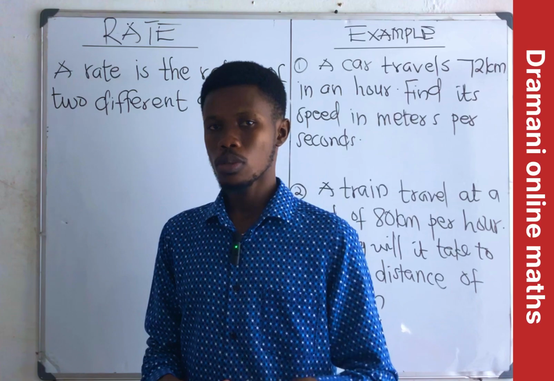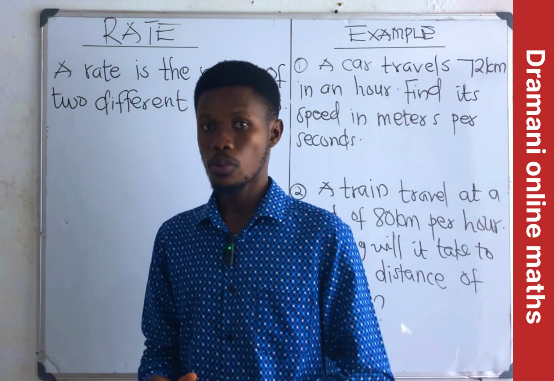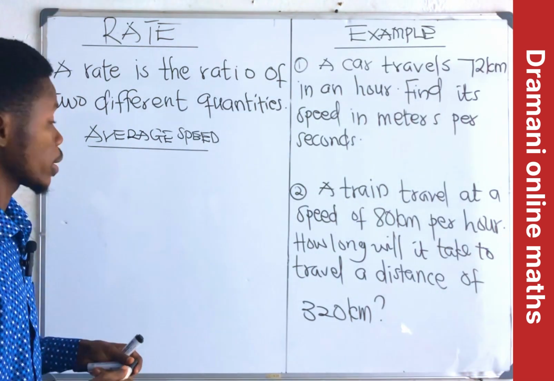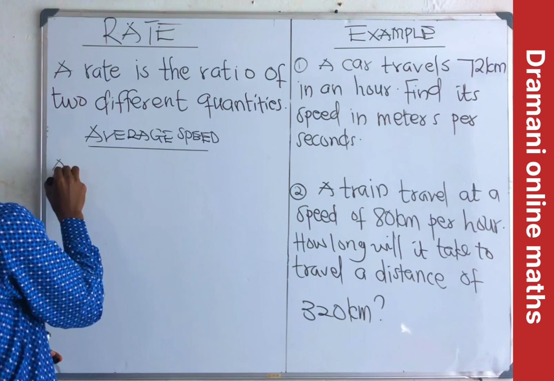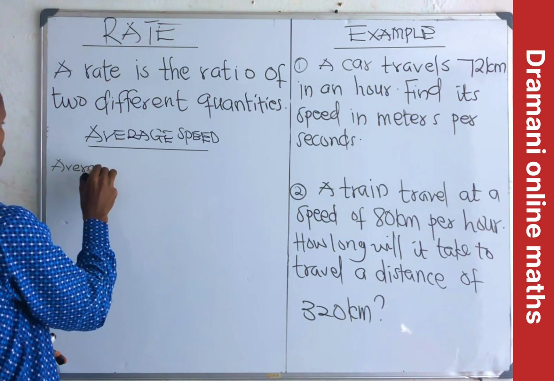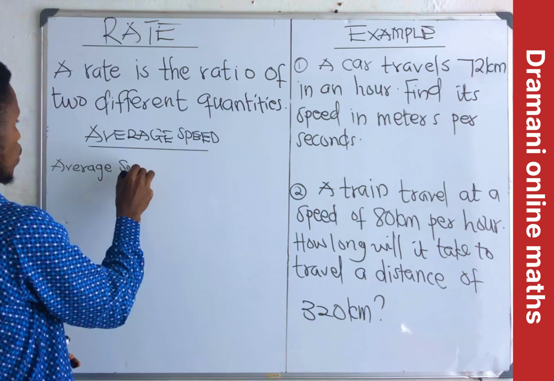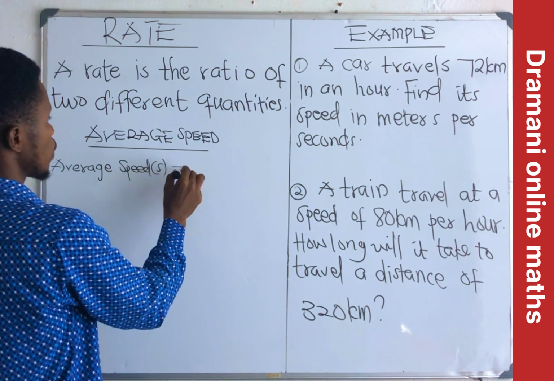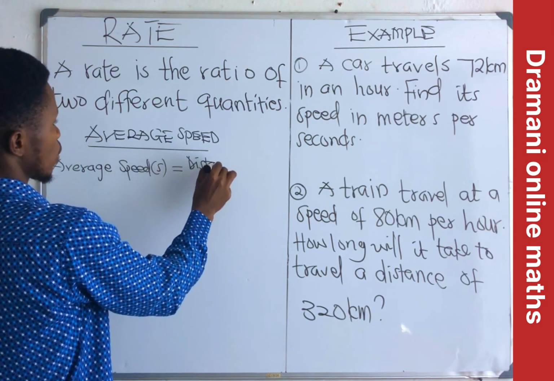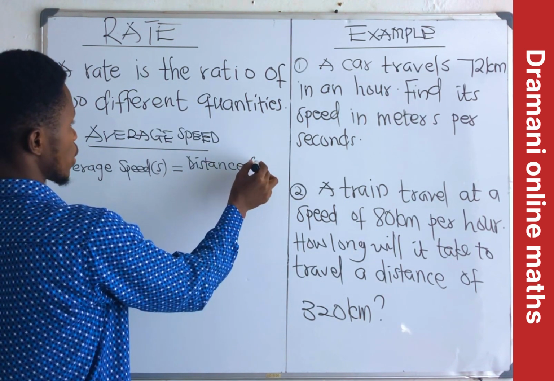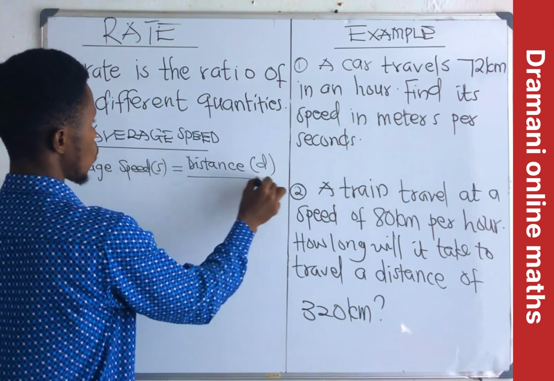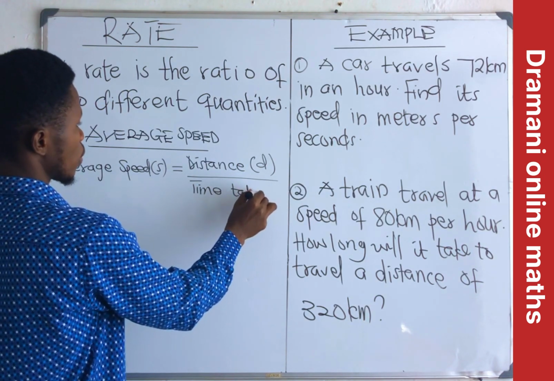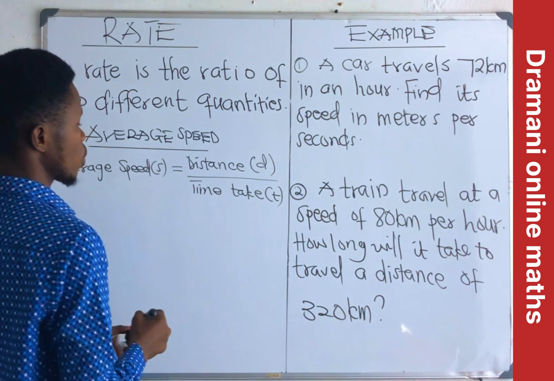So now let's look at what an average speed is under the rate. Average speed, the abbreviation is S, is giving us the distance, which is D, over the time taken, which is small t.